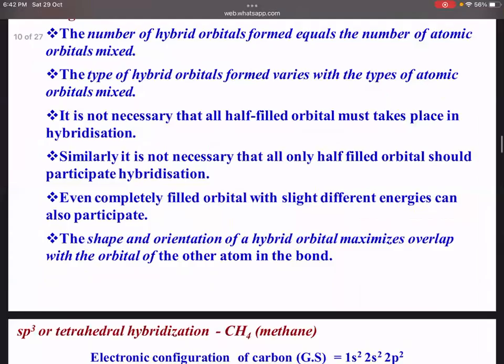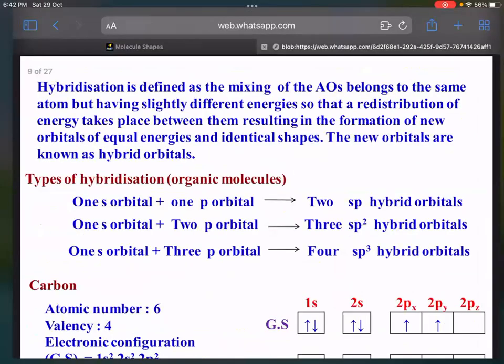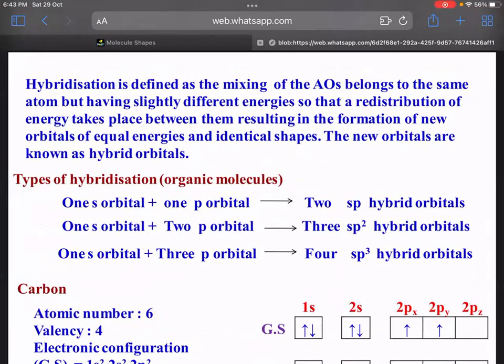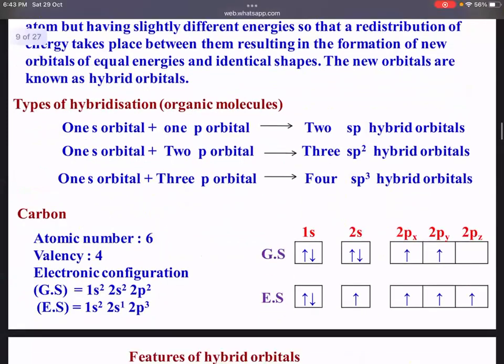When you have organic molecules, you have three hybridizations: sp, sp2, and sp3. One s orbital and one p orbital give two sp orbitals. One s orbital and two p orbitals give sp2, three sp2 orbitals. One s orbital and three p orbitals, 1 plus 3, 4, give four sp3 orbitals. Carbon has atomic number 6 and valency 4.